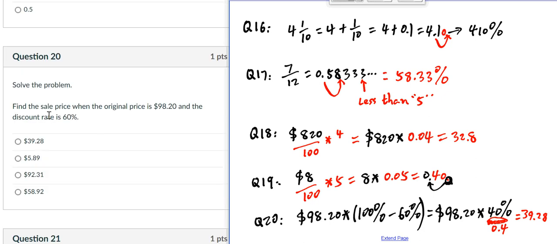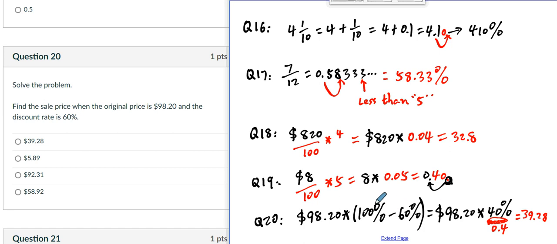Here, find the sale price when the original price is $98.20, and the discount rate is 60%. Giving the customer a 60% discount means you will take 40% of the selling price, $98.20.